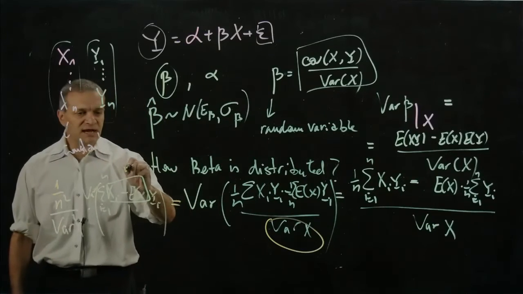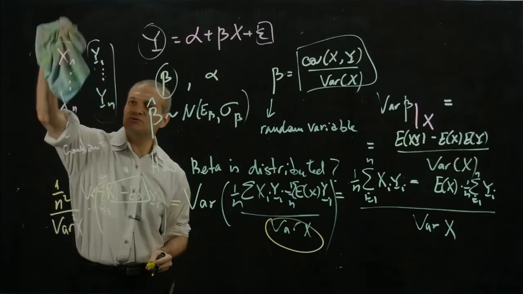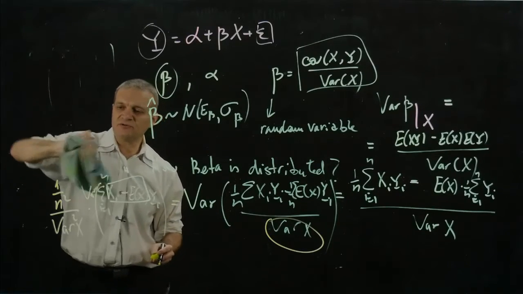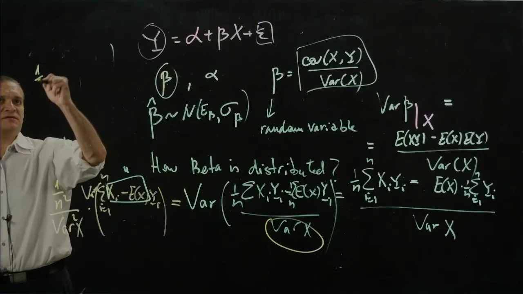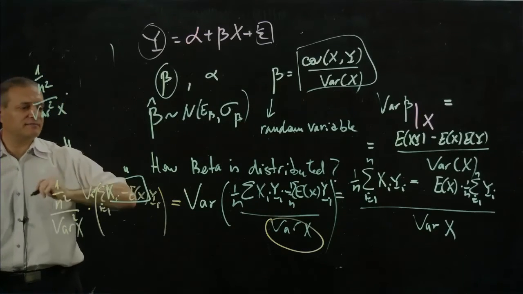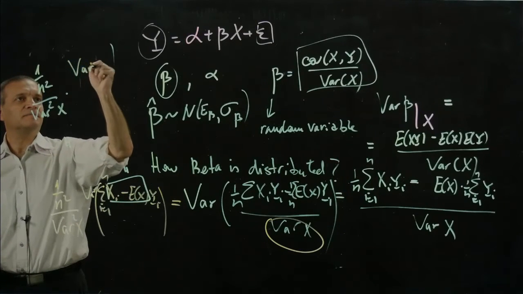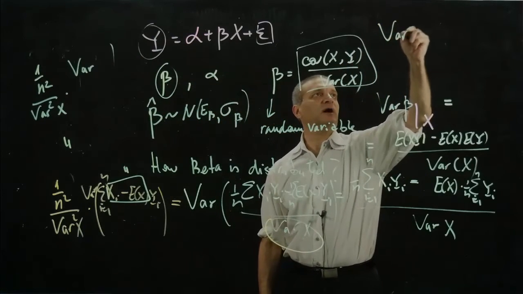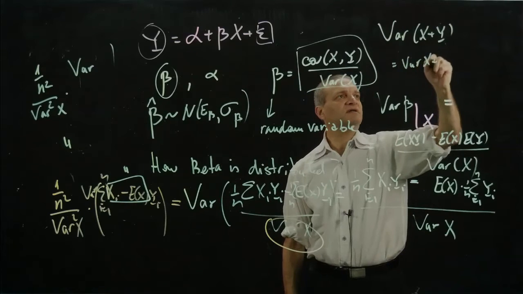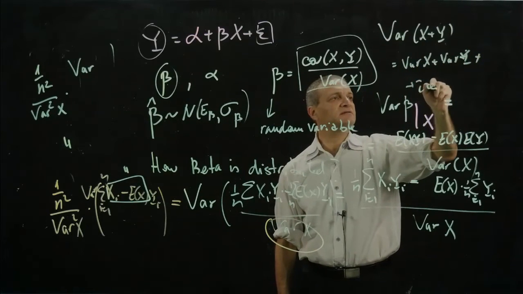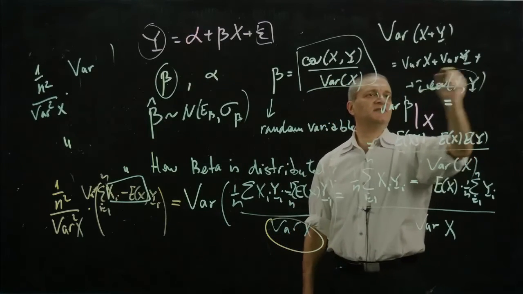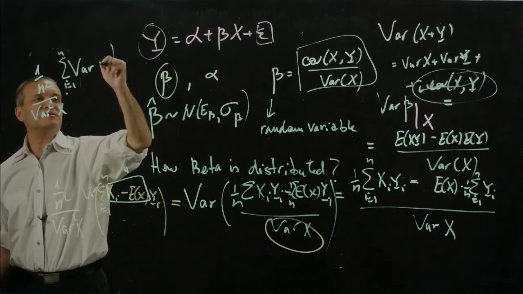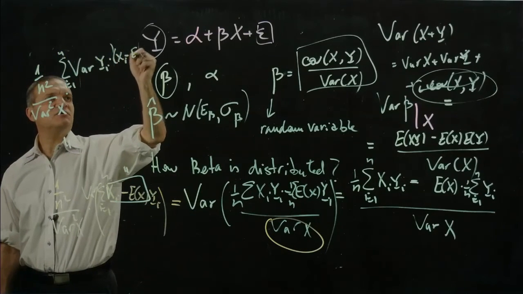You can write this as a sum of 1 over n squared divided by the variance of x squared, times the variance. Because the yi are independent, and we know that the variance of x plus y equals the variance of x plus the variance of y plus 2 times the covariance of xy, and this covariance is 0 because these are independent, I can write this as the sum, i from 1 to n, of the variance of yi times xi minus the expected value of x, squared.